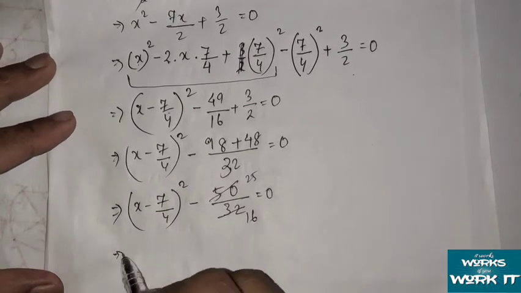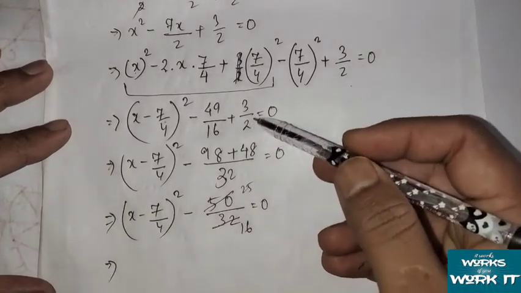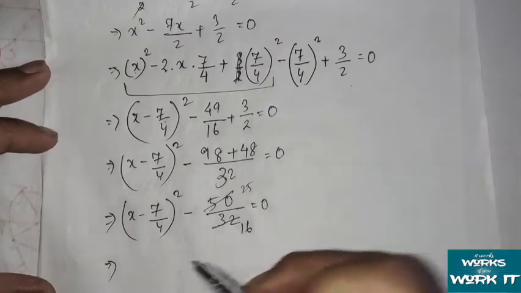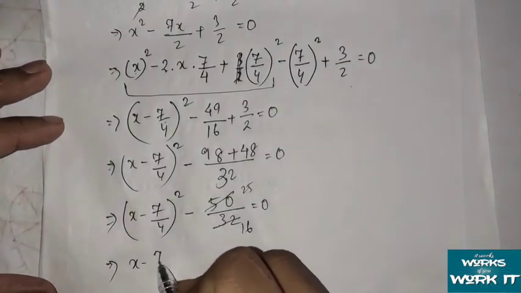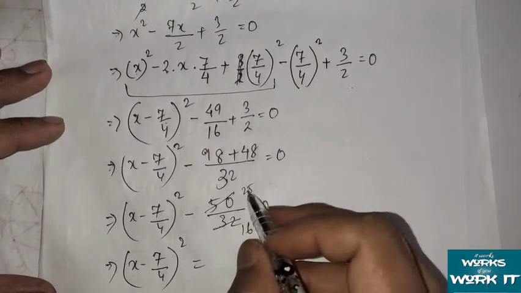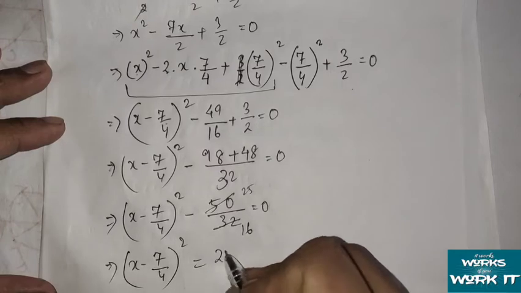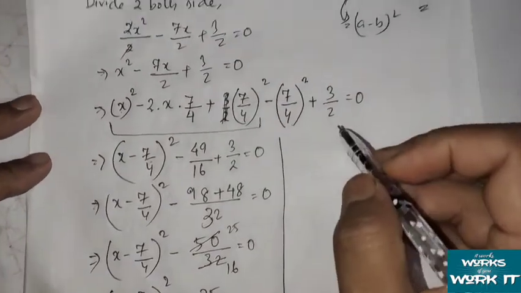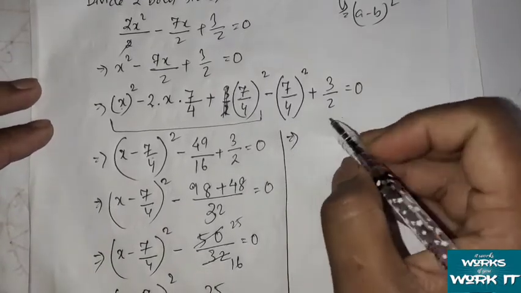Okay, this LCM can be done with different method also. I have directly multiplied the things present here. Okay, so (x minus 7/4) whole square, here I will send this one, minus 25/16, to the right hand side, so it will become 25/16.